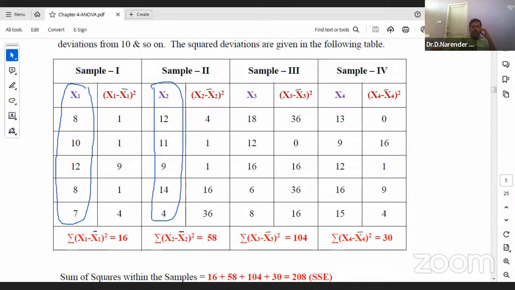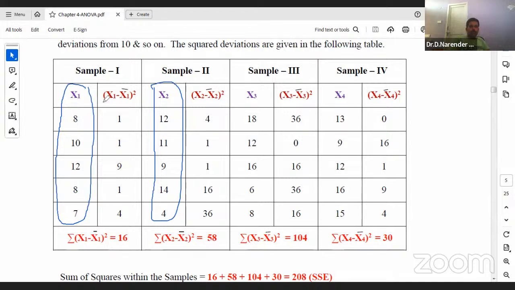In the same manner, the x3 values also. Simply we copied all these values from the question paper. So to get the SSE values, this is the procedure we are going to follow.